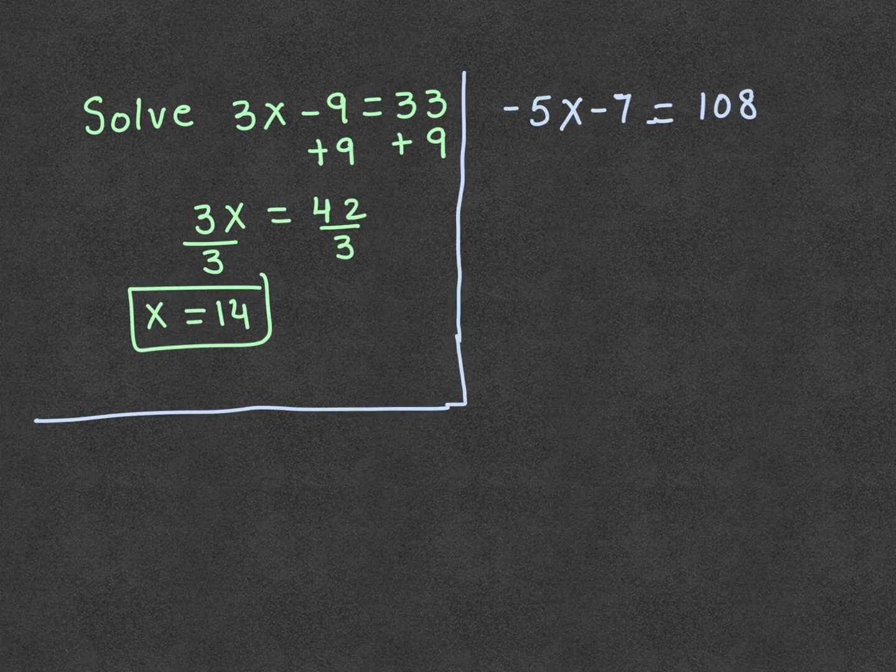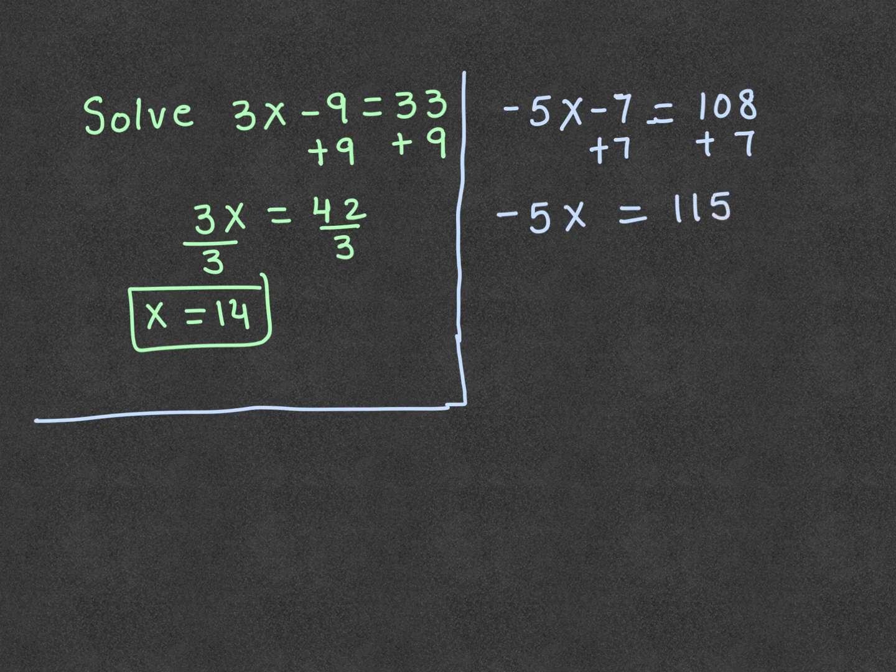Next question is negative 5x minus 7 equal to 108. Solving for x, we want to isolate the x term, so remove this 7 by doing the opposite operation, plus 7 on both sides. Negative 5x equal to 115.